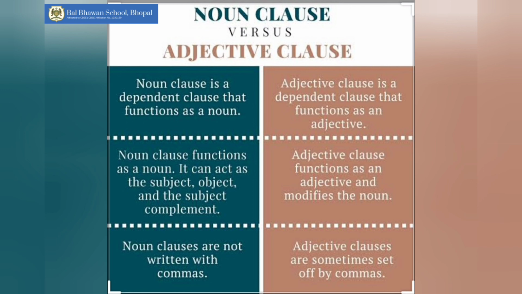A noun clause can act as the subject, object, and subject complement, whereas an adjective clause modifies the noun. Noun clauses are not written with commas, but adjective clauses are sometimes set off by commas.